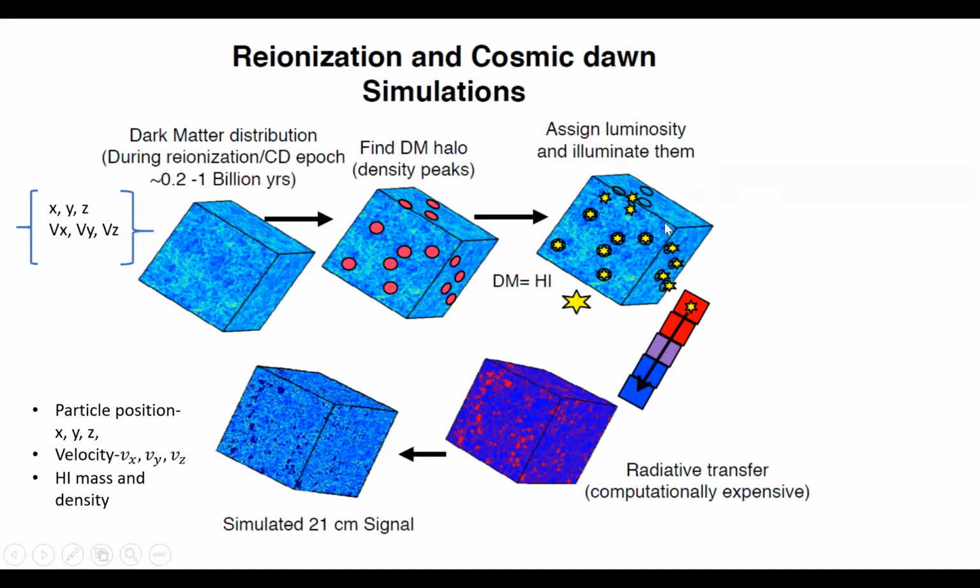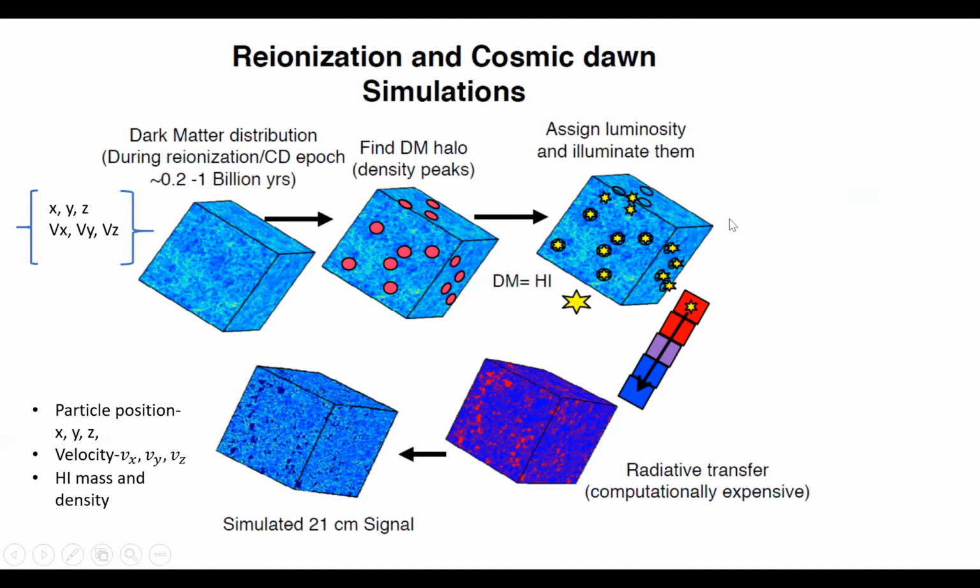So basically you need another simulation to actually simulate the ionization field. That means you have to know which locations will be ionized and which locations will remain neutral. That can be done using various techniques. There are full radiative transfer simulations, and also semi-numerical simulations that Avinash will explain to you. But for timing, let's assume that we have a semi-numerical or radiative transfer simulation.